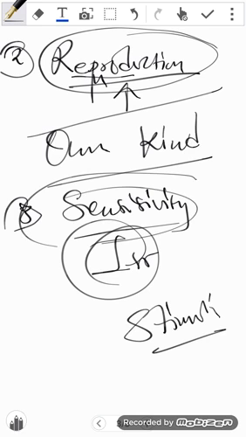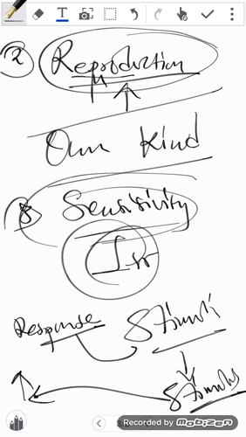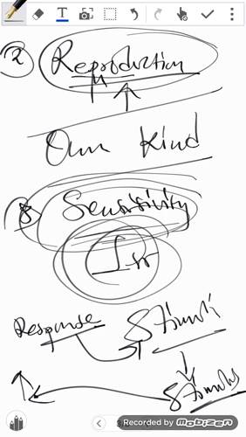Stimuli is the plural of stimulus, and a stimulus is simply a factor that will cause a response. And a response is an action that can take place in a living organism as a result of stimuli. So sensitivity or irritability is simply the ability that a living organism has to respond to stimuli.